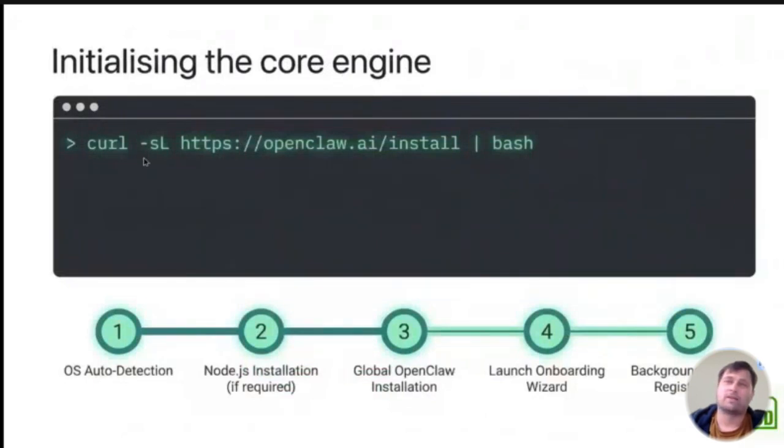In my case, I installed it with this bash script. If you go to the OpenClaw site, it's firstly this one. When you install it, it will do all the steps automatically. It detects the operating system and which version of Node.js you have. Even if the VPS is empty, it will automatically install Node.js and register itself as a background service.